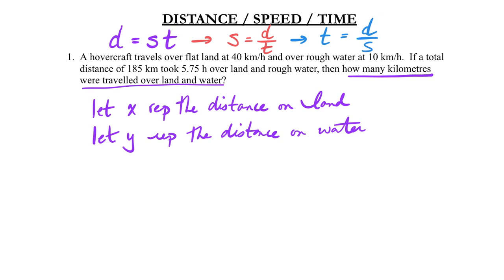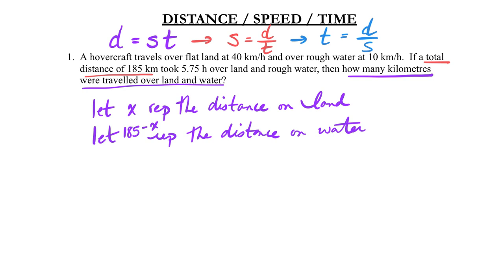But maybe we could draw two things together. That is, the problem tells us that there was a total distance of 185 kilometers traveled. And so rather than me using another variable, y, as soon as I say that x is the distance on land, then I know that my distance on water has to be the total minus my land.